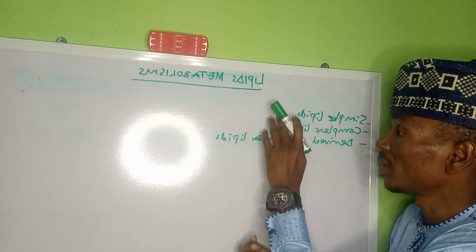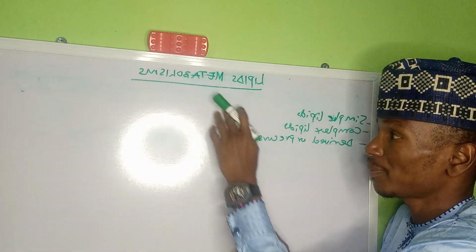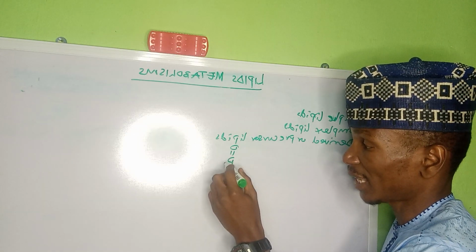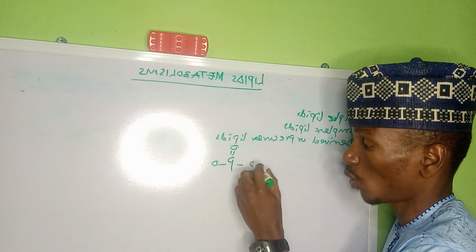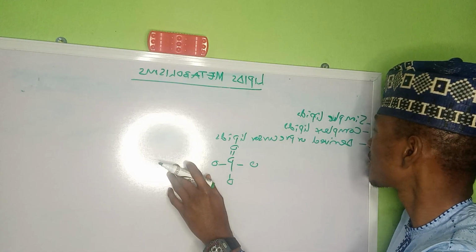For example, a phosphoric residue is attached to it to form what we call a complex lipid.